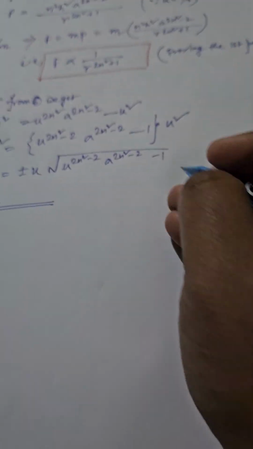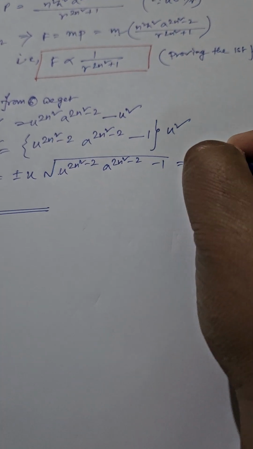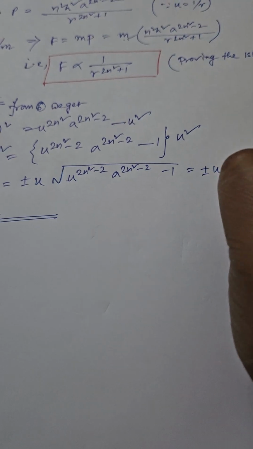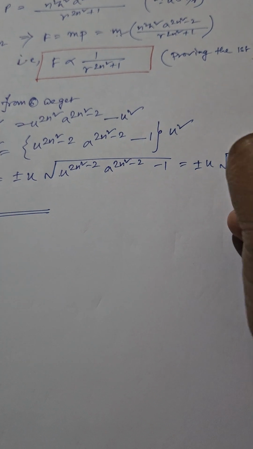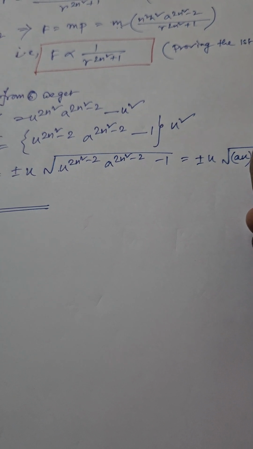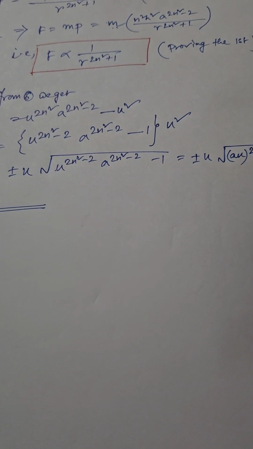Actually you can write in this fashion also, plus minus u root over au whole to the power 2n square minus 2 minus 1.